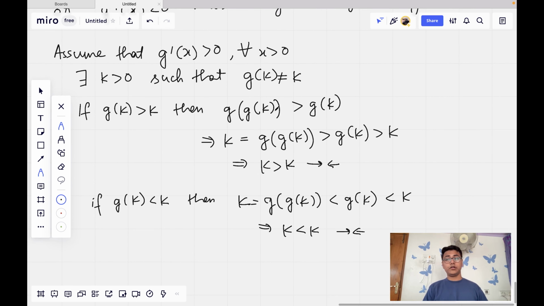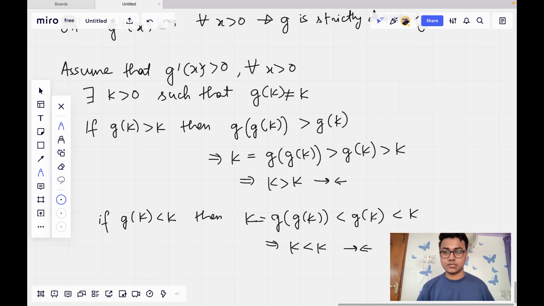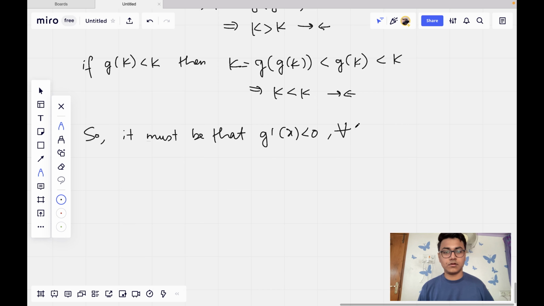So we conclude that g dash x can't be strictly greater than 0 for all x. So the only condition that we are left with is that g dash x is strictly less than 0 for all positive reals. In other words, g is strictly decreasing.